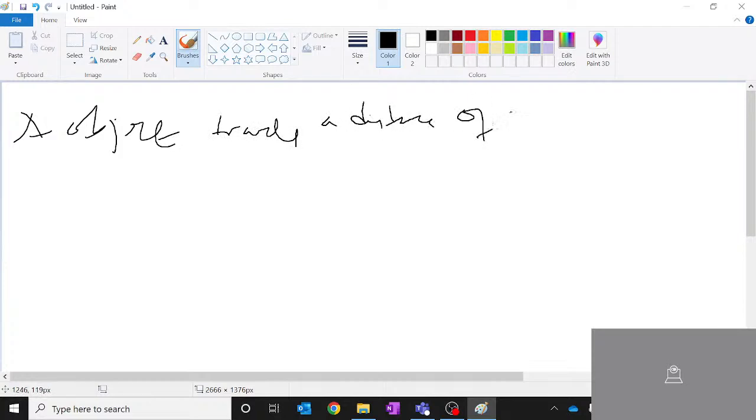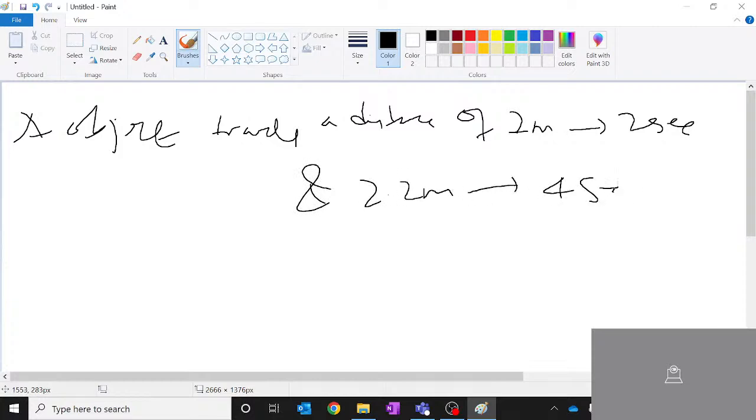Now the next question is: a body, or an object, travels a distance of 2 meters in 2 seconds and 2.2 meters in the next 4 seconds.